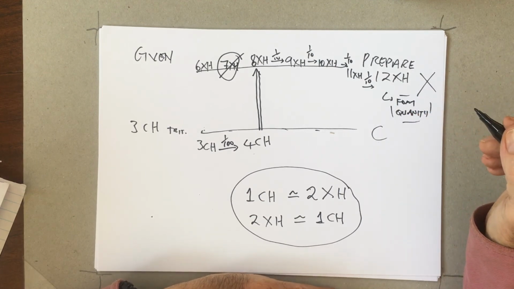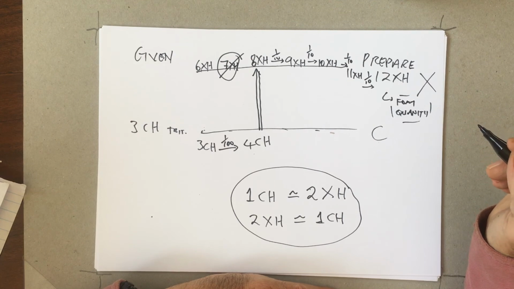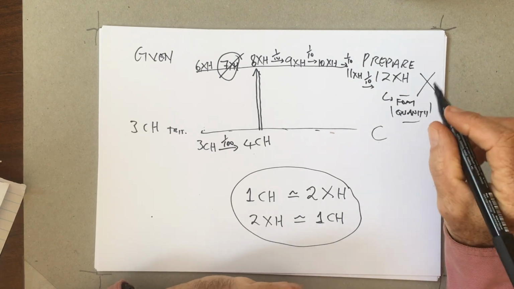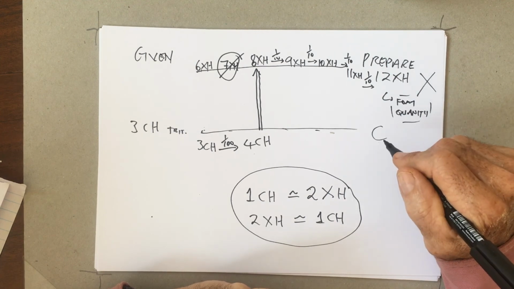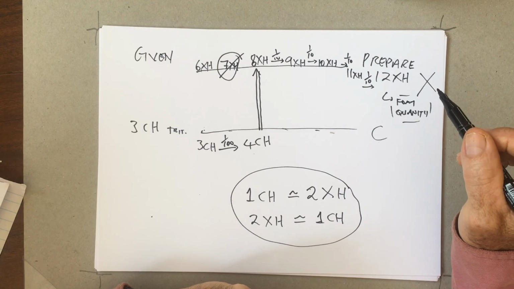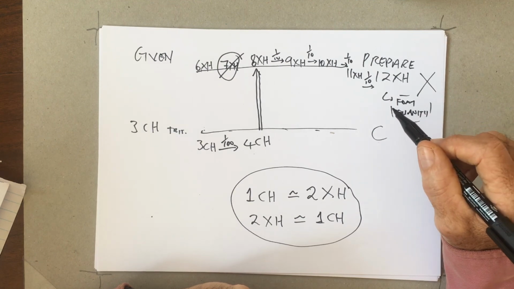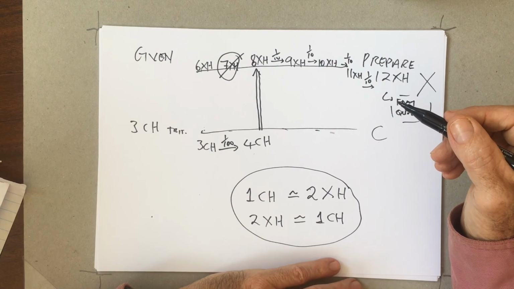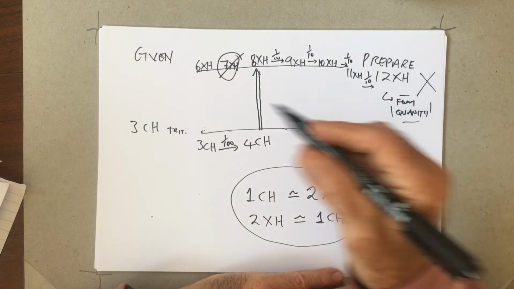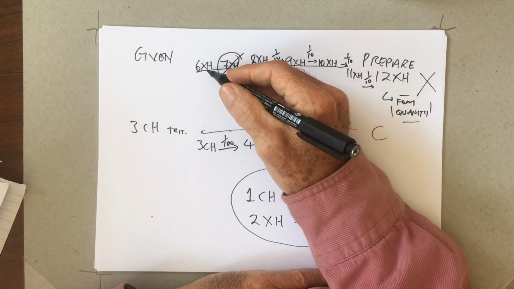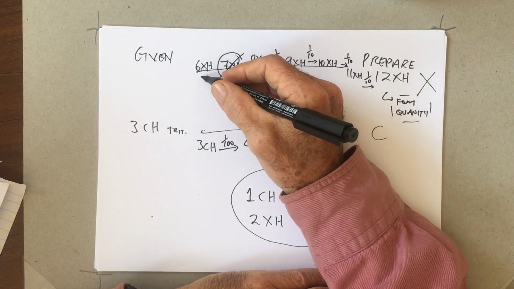Okay, I hope this will help you in understanding how to cross the roads between, for instance, the C and the X scale. Likewise, one could have reversed this process if one had been given a 6XH triturate.